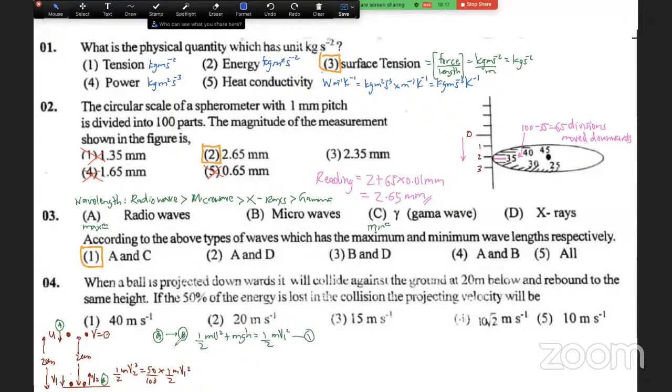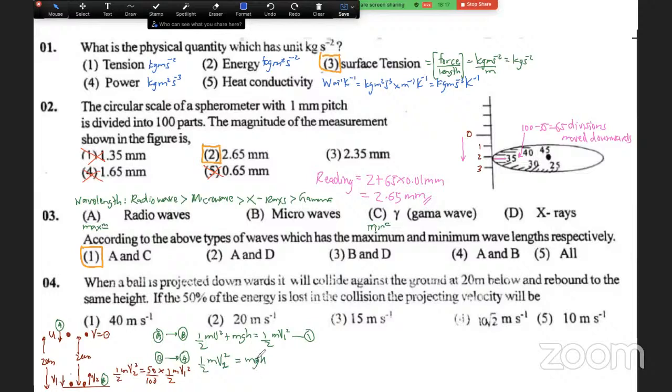That's the first equation. Then the object bounces back from B and reaches A once again. From B to A, it is going to be half m v2 squared equal to mgh.